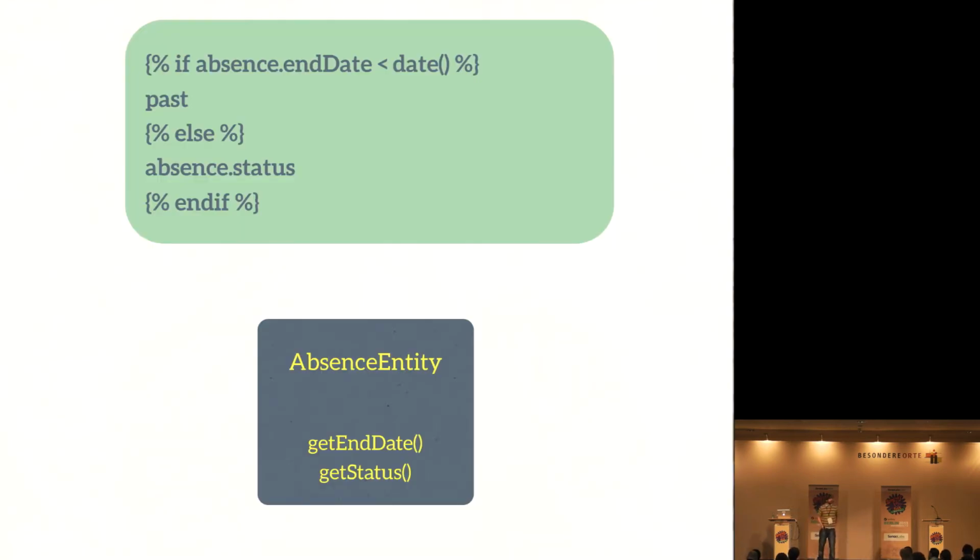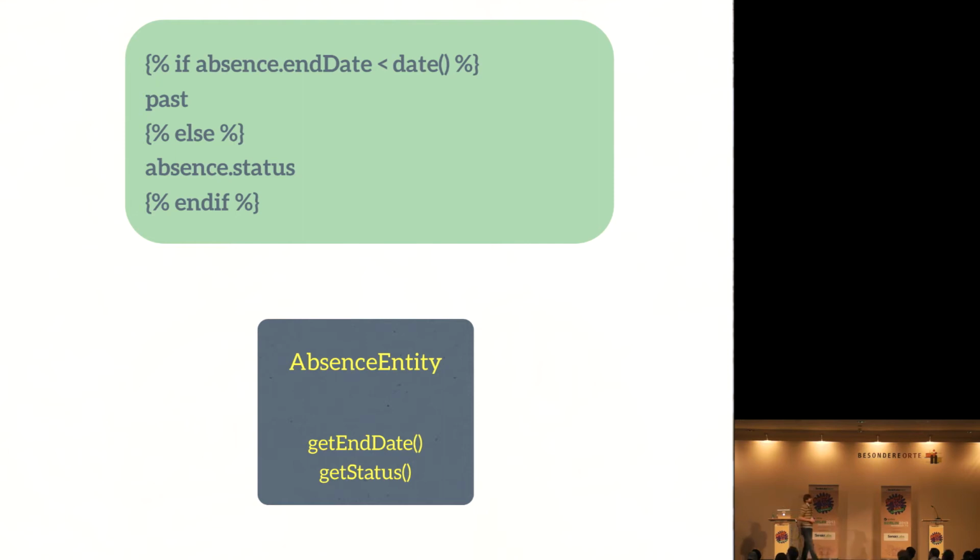And another thing we see is trying to encourage people to avoid putting lots of logic in templates. So in this case, when we're displaying the details of the entity, we might want to say if the end date has already passed, we show it in the past. Otherwise, we show the status, we show if it's pending, we show if it's been approved.